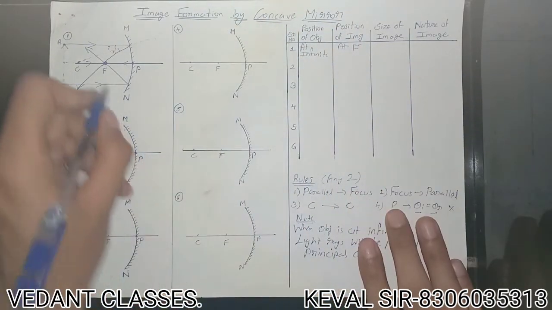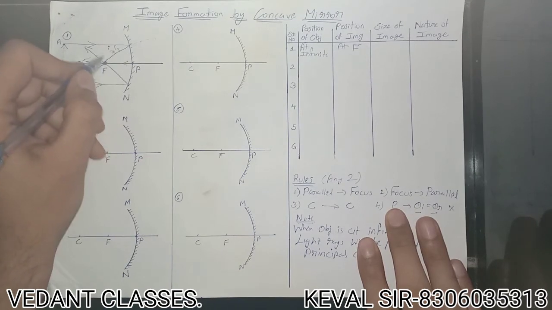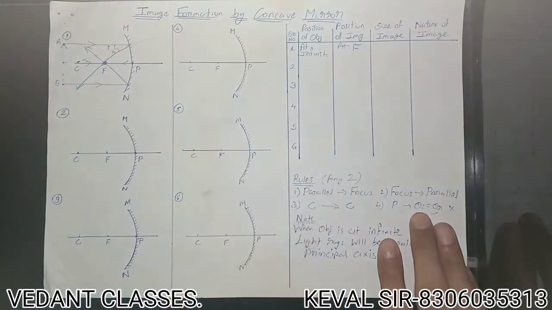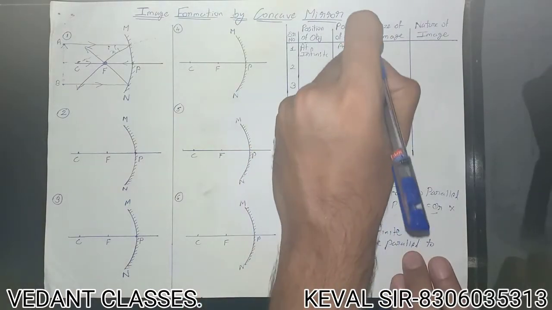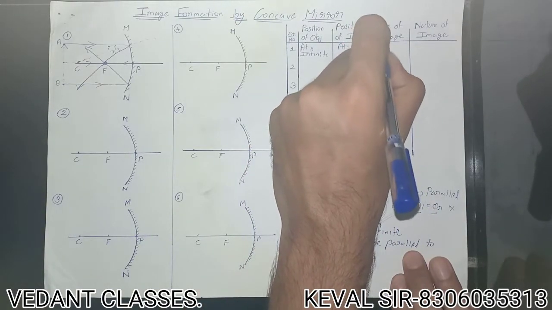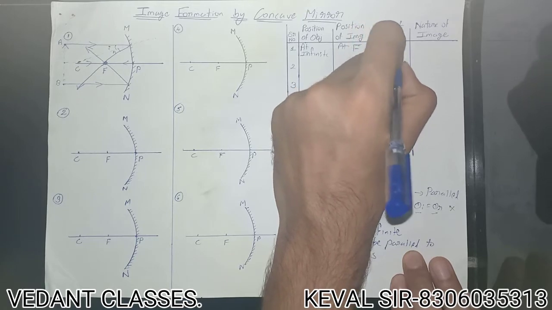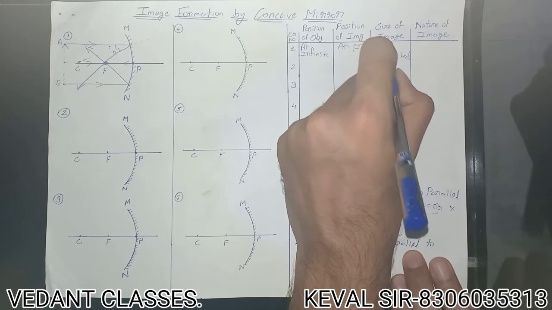Now see the size of the image. There is no height, it is just point-like. So you can write it as highly diminished, or point-like.